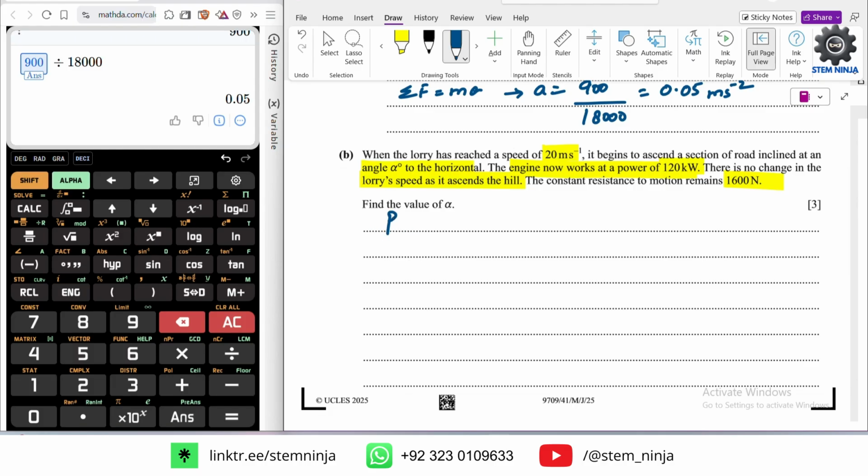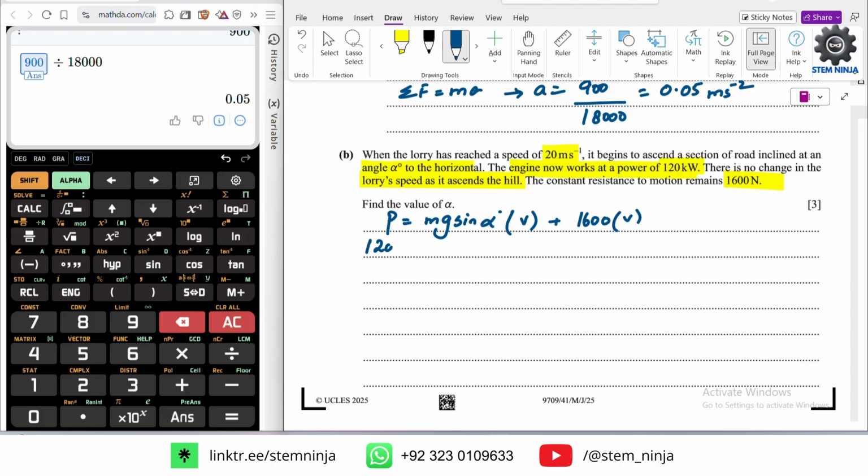So the P actually is working against the force times V also, that is the mg sine theta, right? So mg sine alpha degrees times by V plus the 1600 times by V also. Okay, so that's what we have.